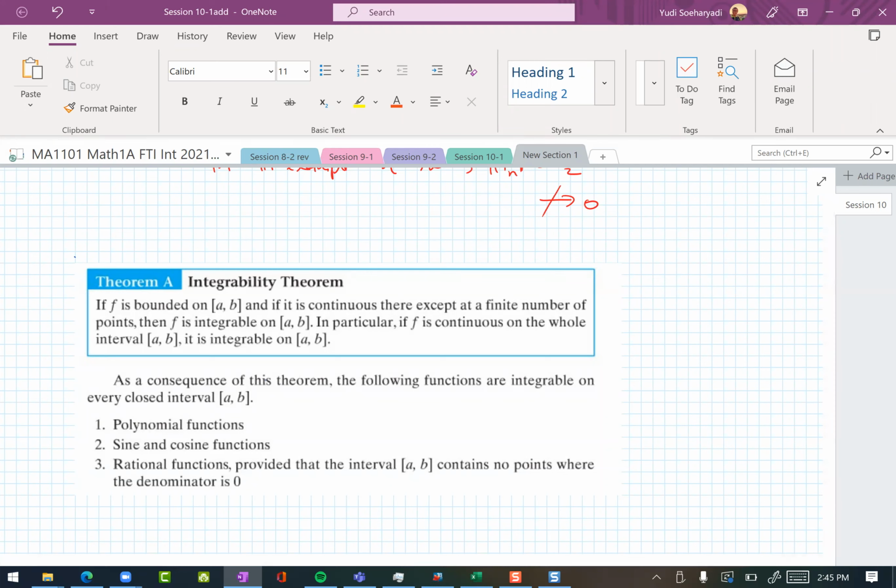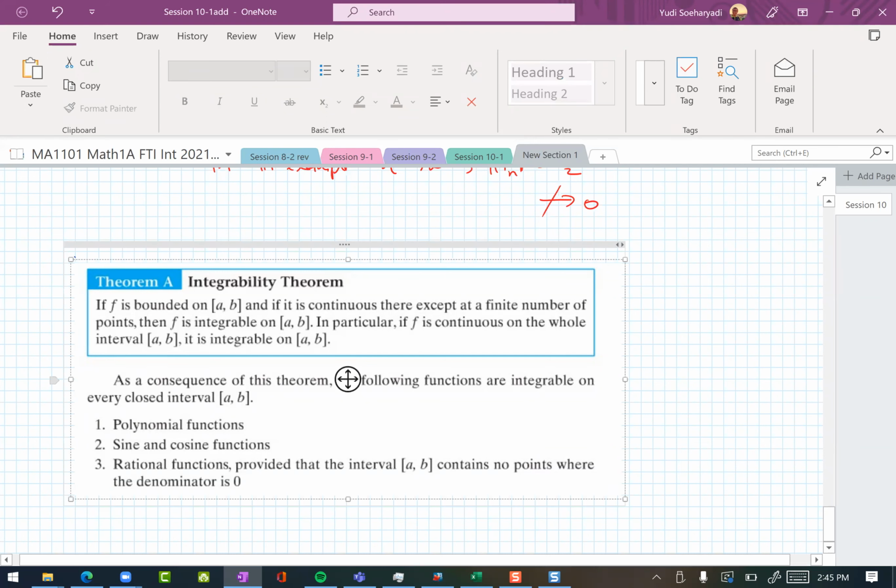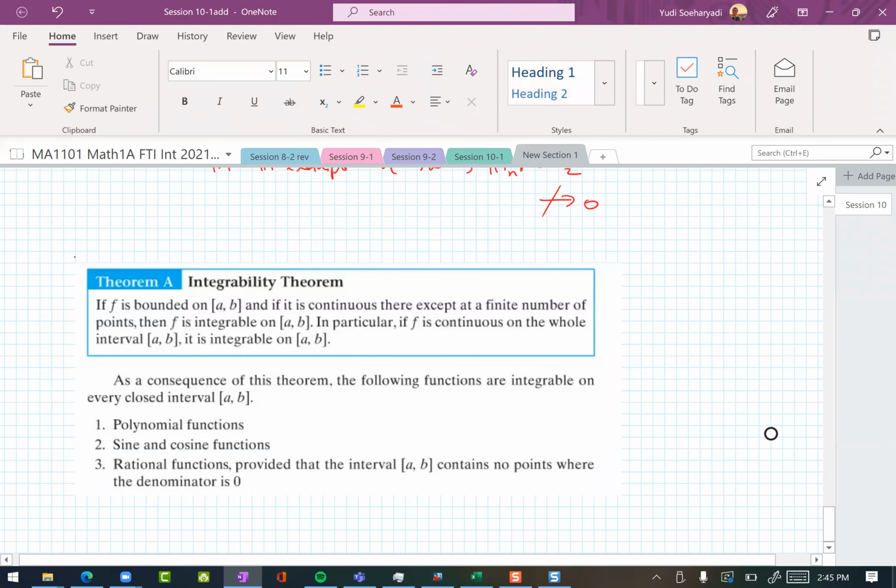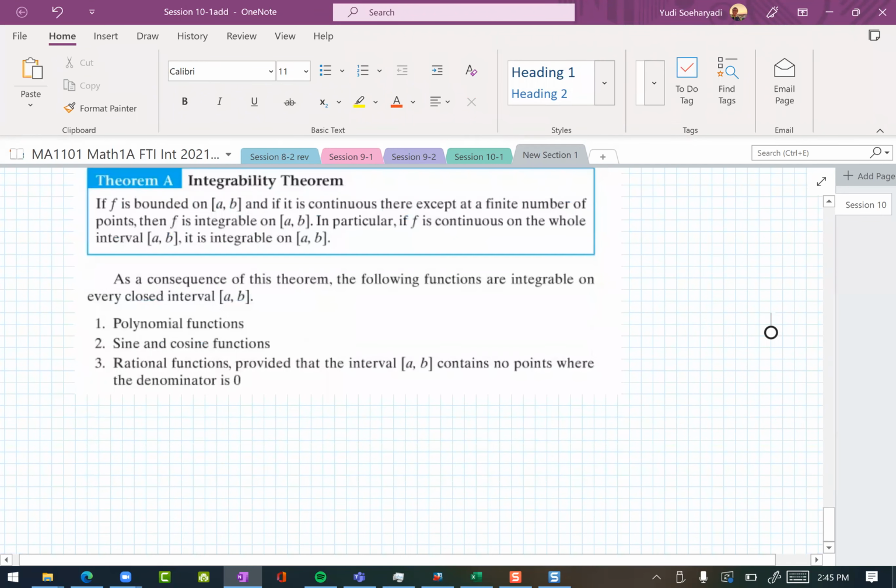Then you'll get the limit. All right, so polynomial, sine, cosine, rational functions. Okay, this is the thing that we will use.